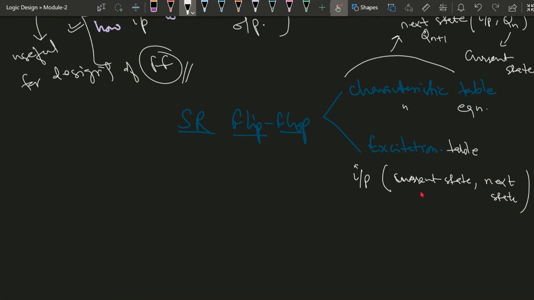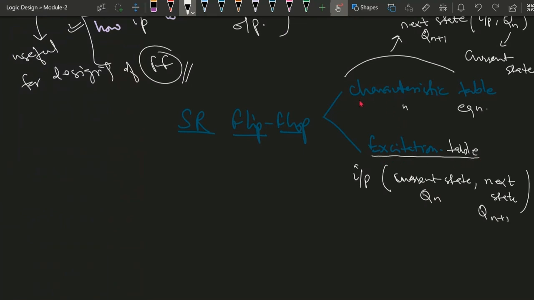Your current state is Qn, and the next state is Qn+1. So the excitation table gives the relation of inputs. If a particular flip-flop is there, it is having whatever inputs. How the inputs are related with respect to the current state and the next state is given by the excitation table.